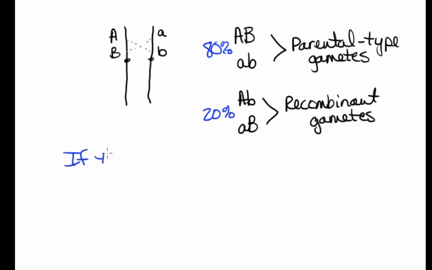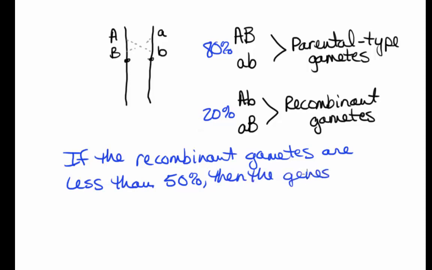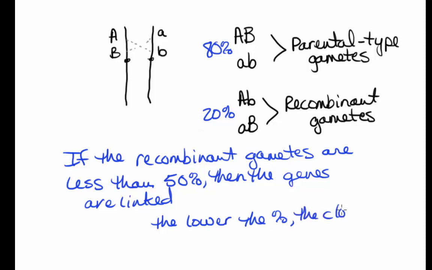So if the recombinant gametes are less than 50%, then the genes are linked. That would indicate to us that yes, they are located on the same chromosome. And the lower the percent, the closer together they are.